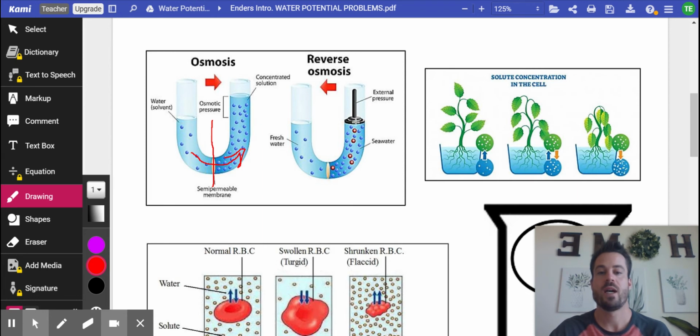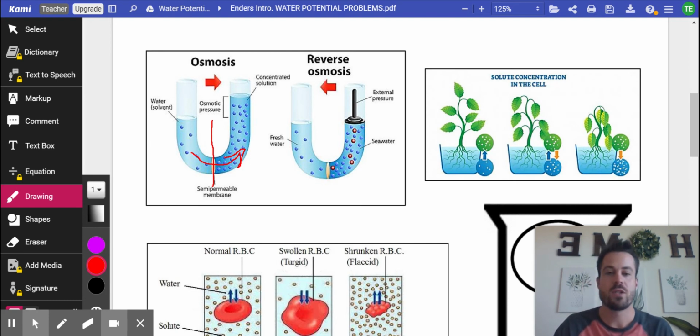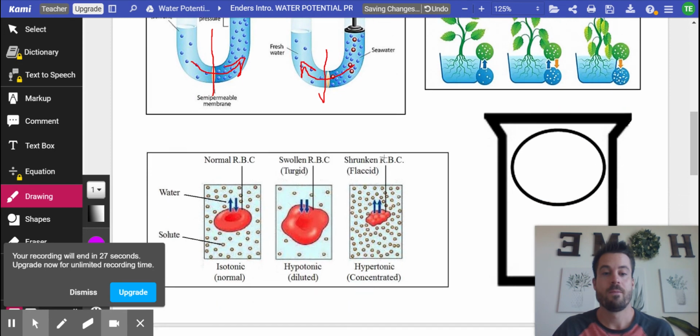So when they apply that pressure, the water goes back the other direction. I can actually draw that in for you. So we've got the membrane there, and now the water is going to go this way, back to the other side. This is labeled as reverse osmosis, so maybe that's how that's done. I didn't know this; I'm just guessing from what the picture says.